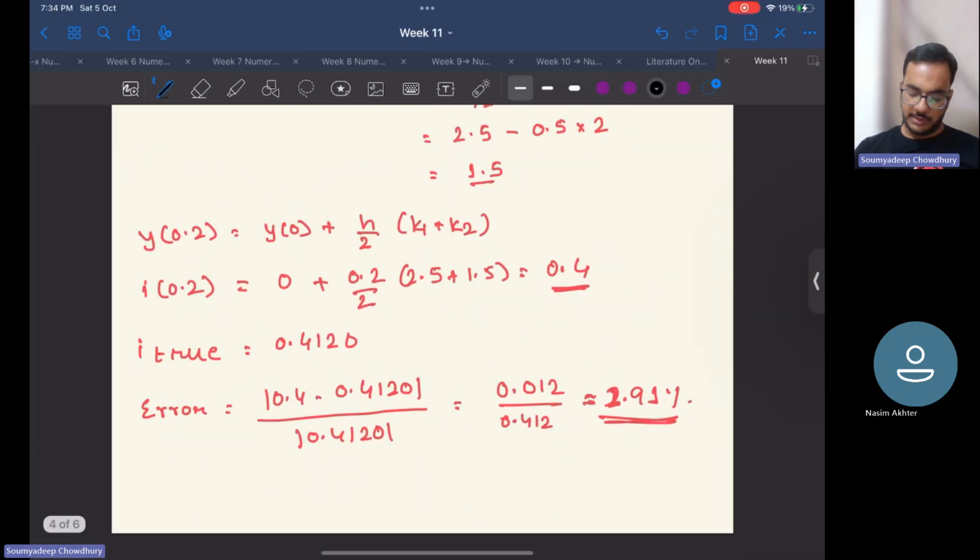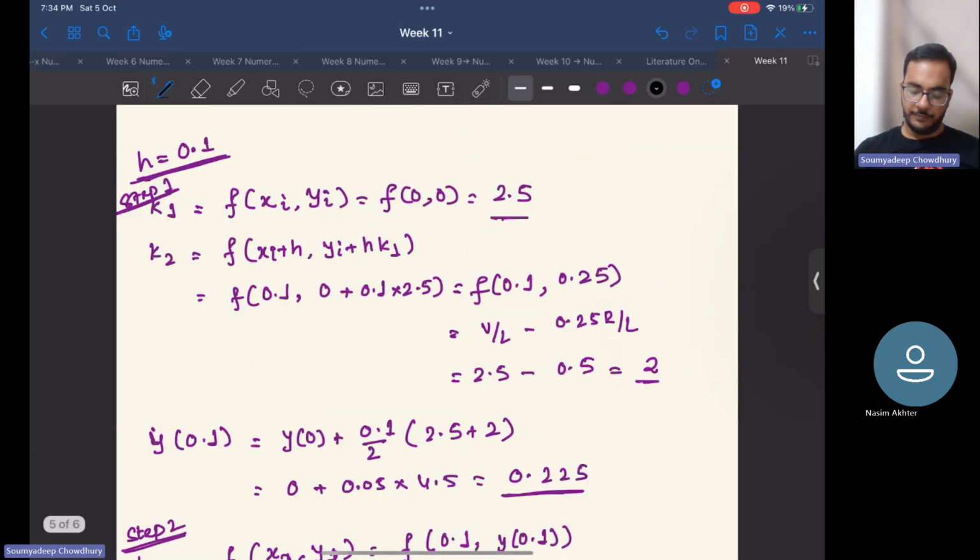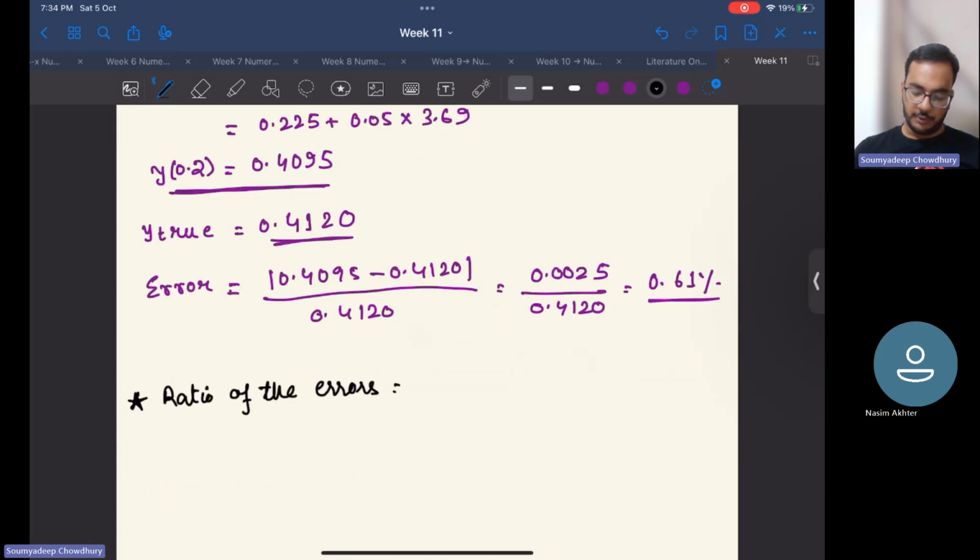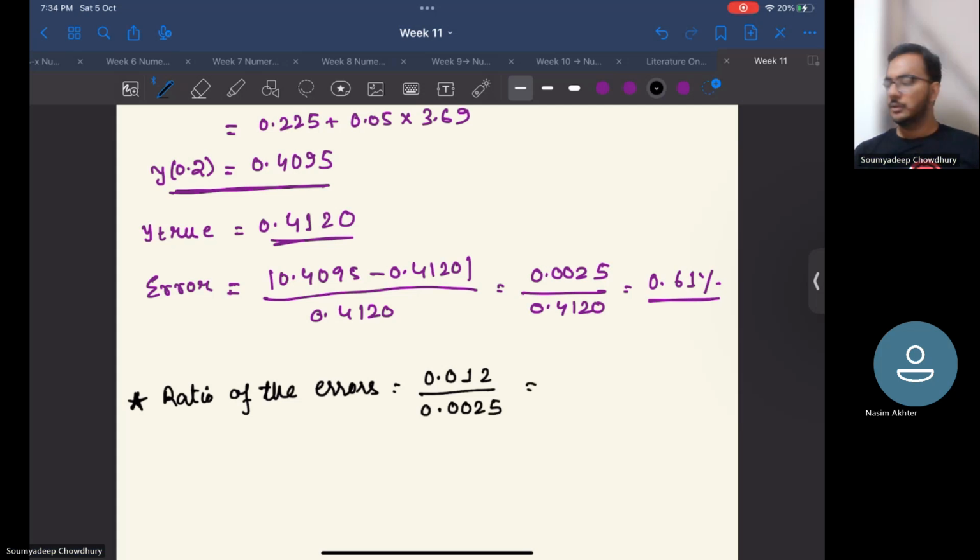So this error was 0.012 here, and here it is 0.0025, right? 0.012 by 0.0025 is equal to 4.8.